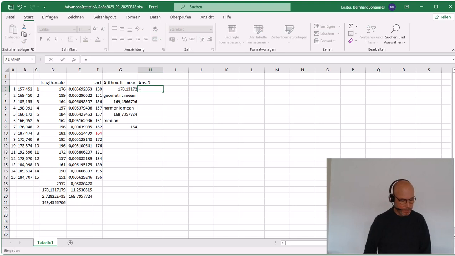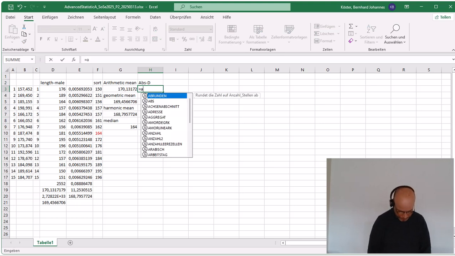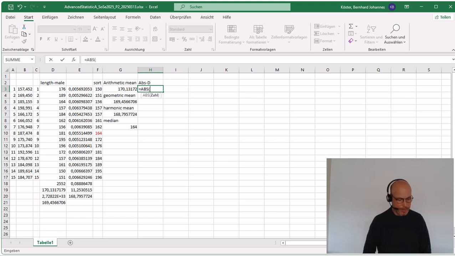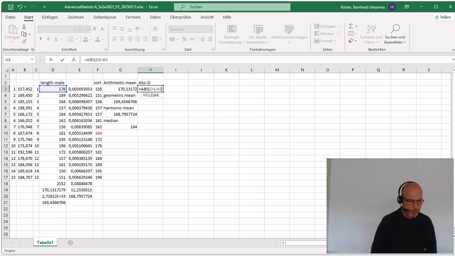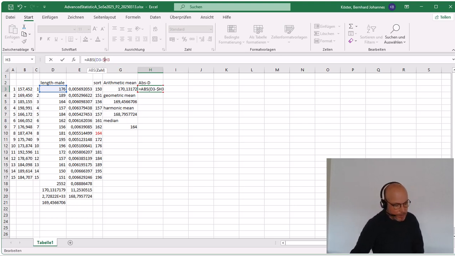And so we obtain abs, which is taking the absolute value of 176 minus 170, and we want to copy the formula down for every data point, and therefore we have to fix this arithmetic mean, and this is done via setting a dollar sign in front of our number here.